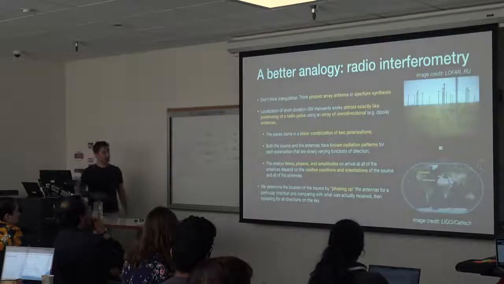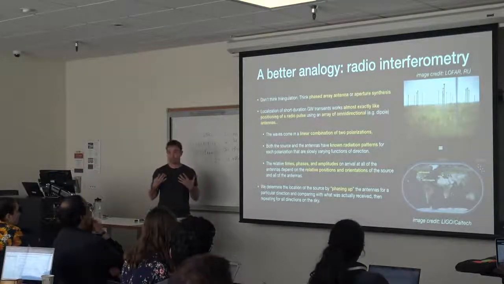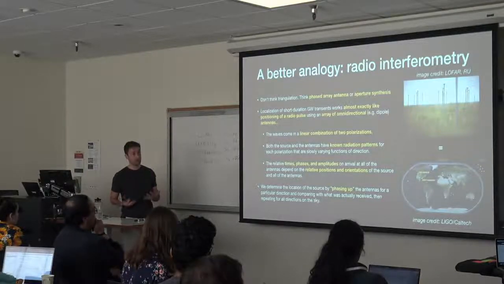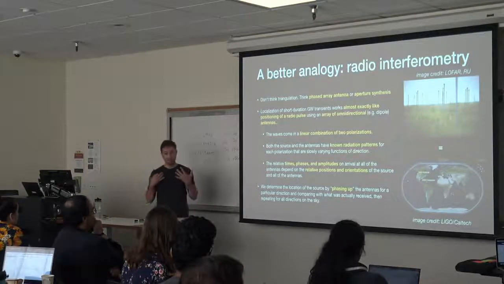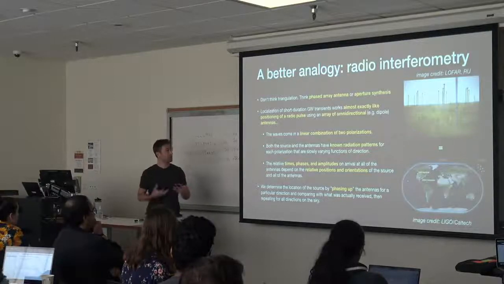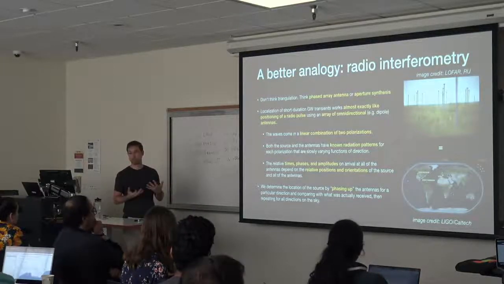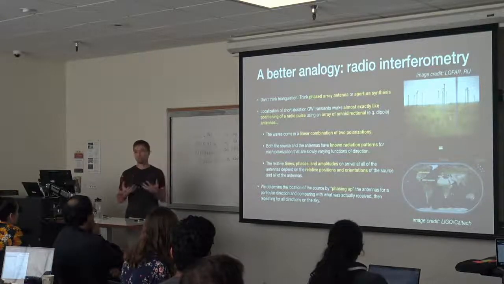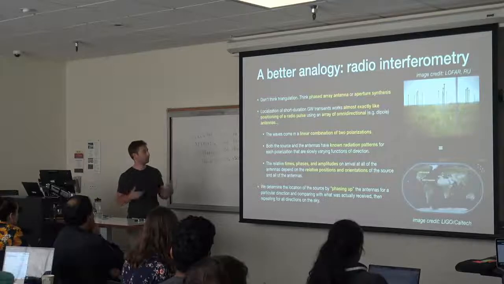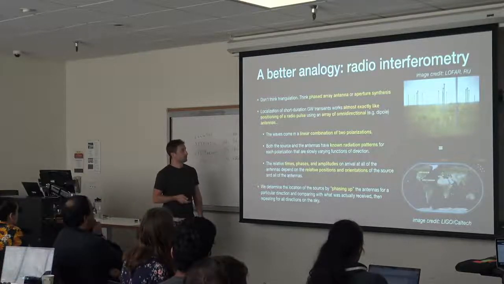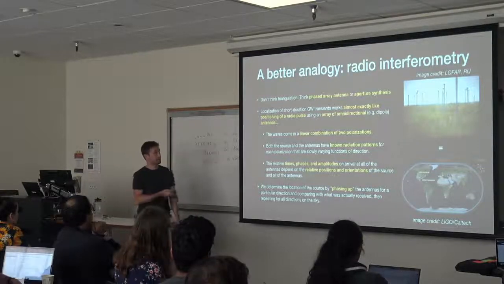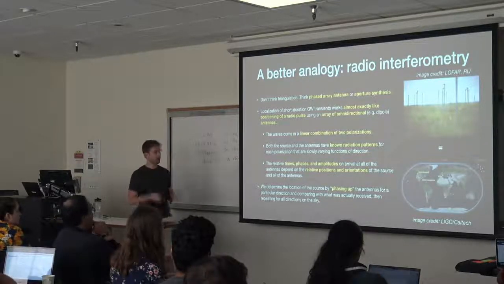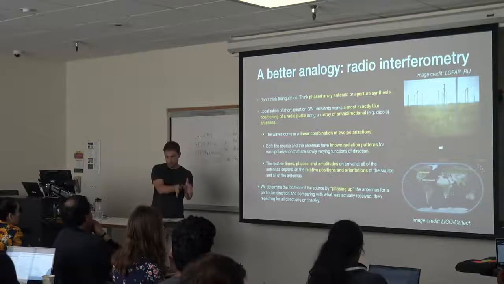An even better analogy is that the way that we use our detectors to localize is a lot like radio interferometry. So instead of thinking of it as triangulation, think of a network of gravitational wave detectors as like a phased array antenna, or like synthesizing an aperture from multiple radio telescopes. So the idea is, if you have a bunch of simple dipole antennas, they each have a well-defined location in space.